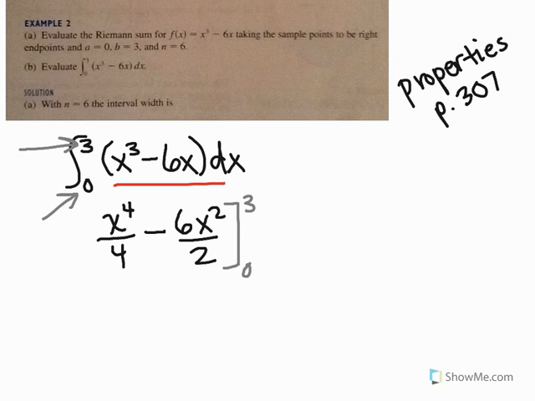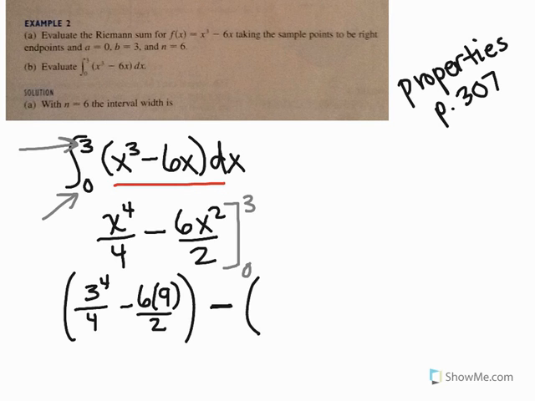First, what we're going to do is evaluate this whole thing here at x equals 3. So 3 to the 4th over 4 minus 6 times 3 squared, right, 9 in there, over 2. And then we're going to subtract the whole thing again, evaluated at 0.